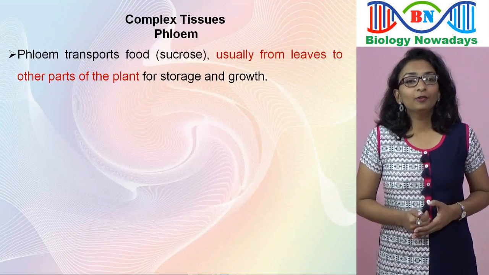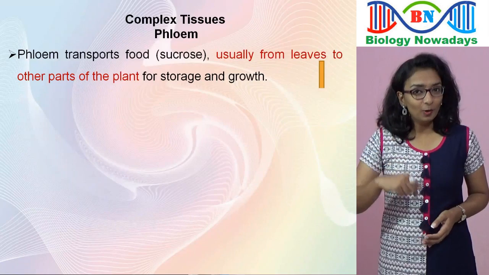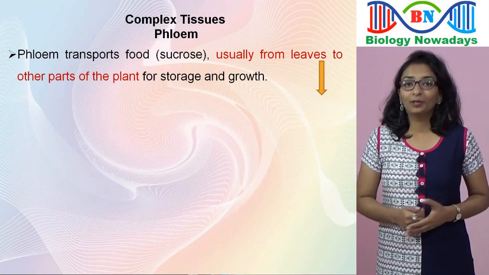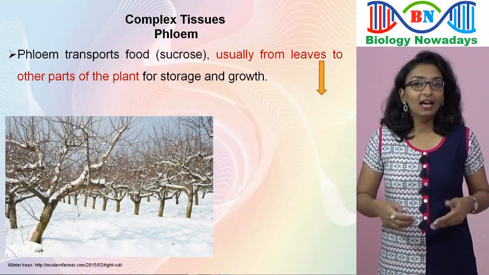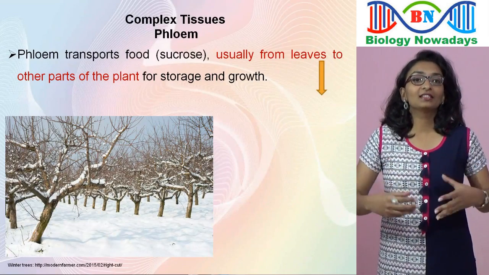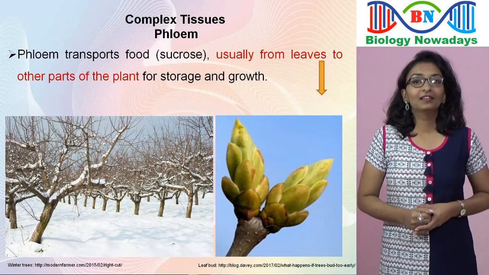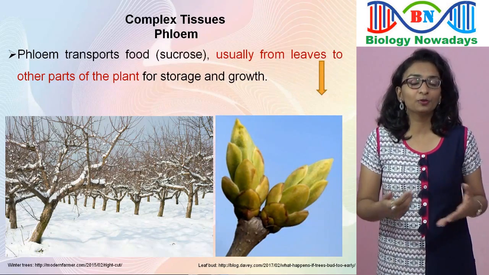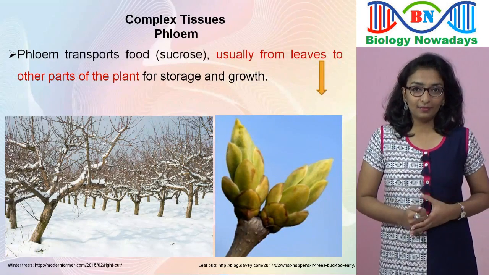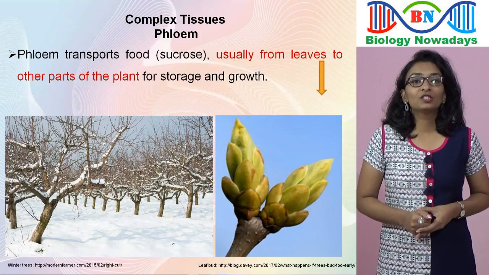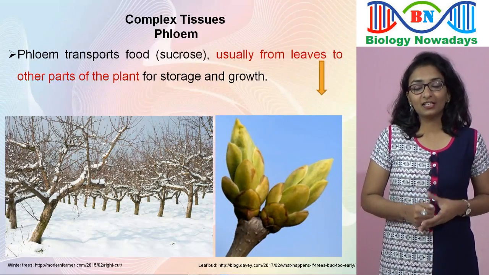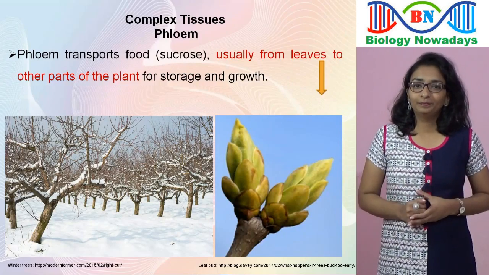This means that the flow of food in the phloem is downwards. But you know, in winter, the temperate plants shed their leaves and in spring, new leaf buds start to appear. These leaf buds require food to grow into fully mature leaves. During this time, the food materials stored in the storage organs such as roots are used up.